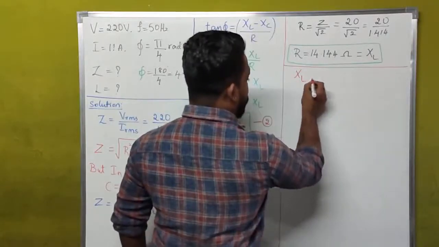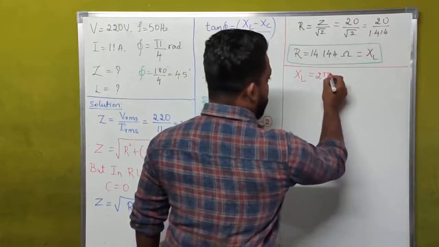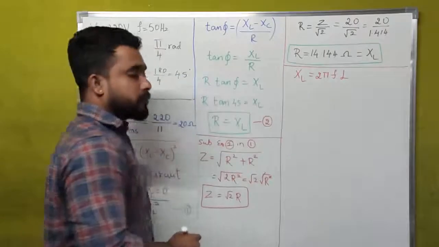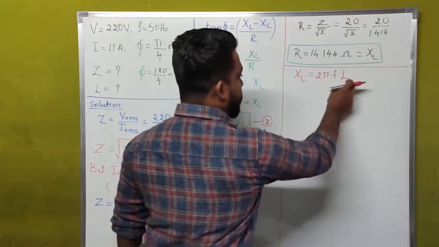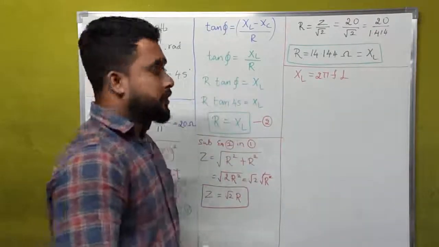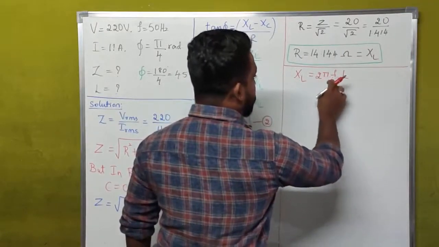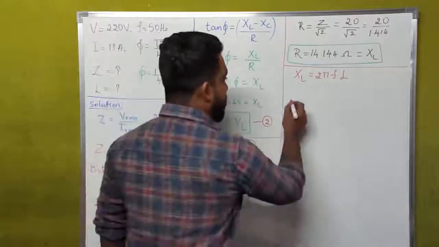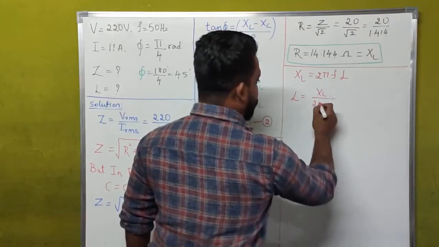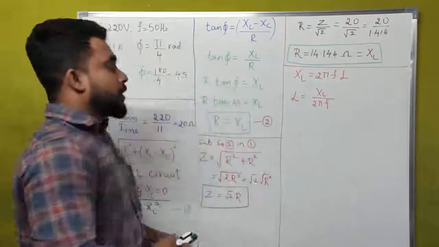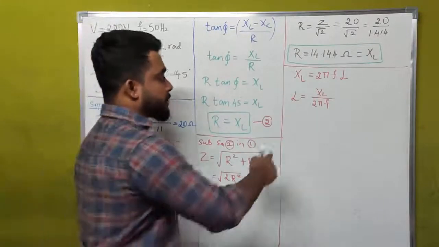We know the expression for inductive reactance, that is XL is equal to 2 pi F into L. What we want to find is L. So, by keeping L on that side only, by sending the 2 pi F value to the other side of the equation, we will get L is equal to XL divided by 2 pi F.